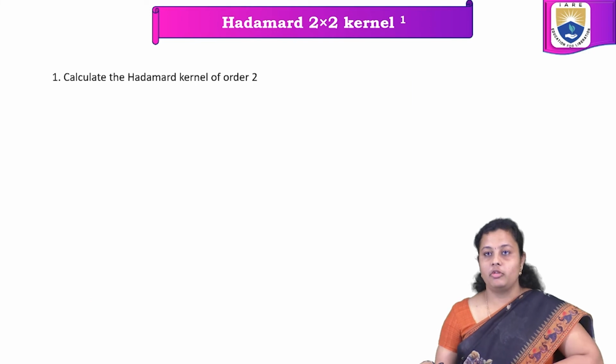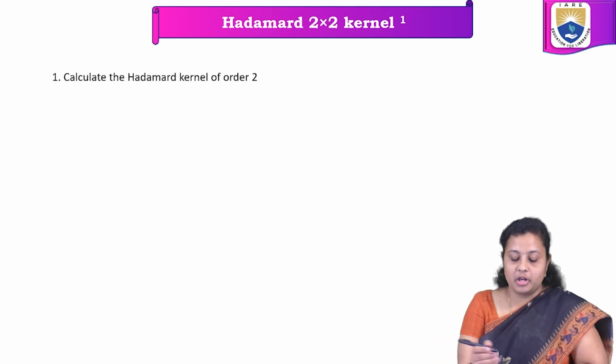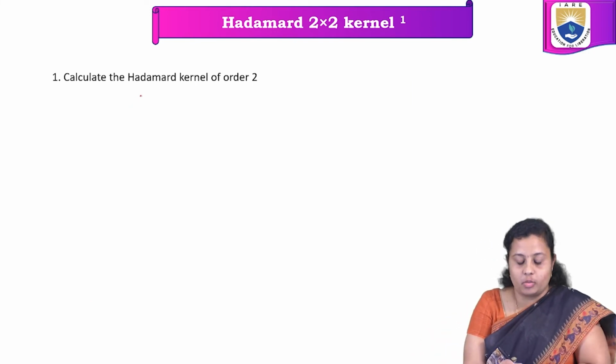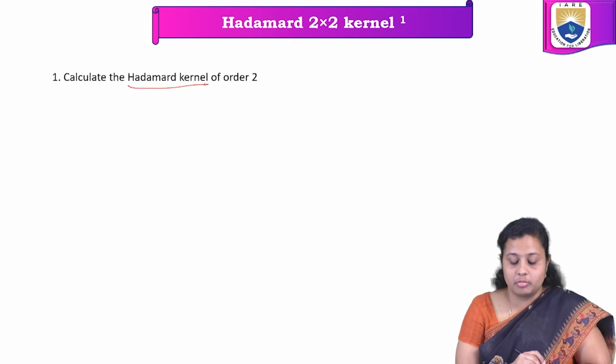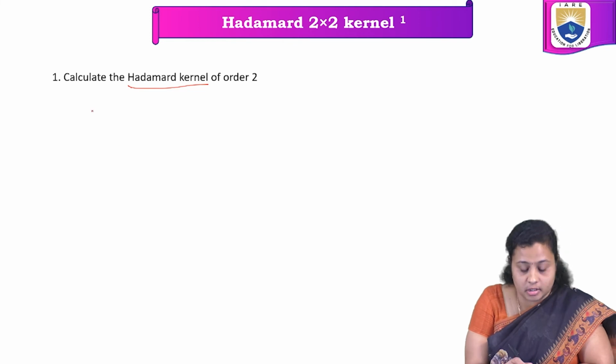Now, when we come to the Hadamard equation, the same kernel equation that we have seen in Walsh can be represented here again for Hadamard also, but there is a slight difference. So let's see that.